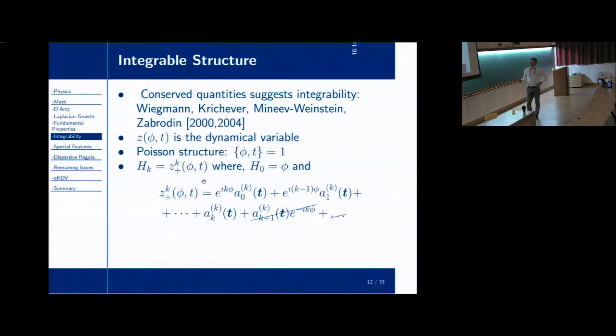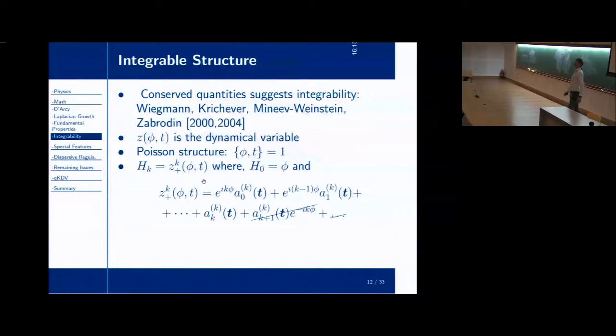So you take the map z and raise it to the power k, then expand this z^k around infinity in e^{i phi}, and take the plus part, namely throw away all the negative powers of e^{i phi}, and one gets a certain function which one treats as a Hamiltonian, the kth Hamiltonian. The point is that there are an infinite number of them, and they're all in involution. They Poisson commute with each other.